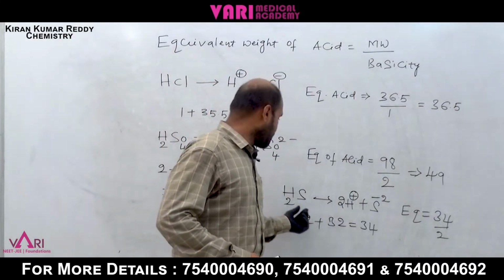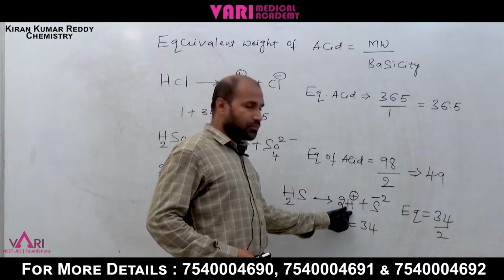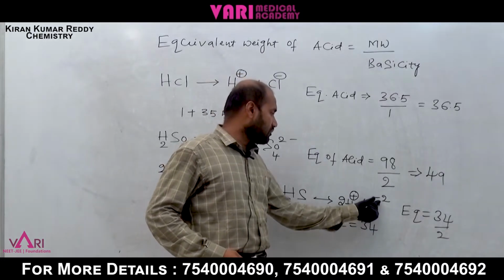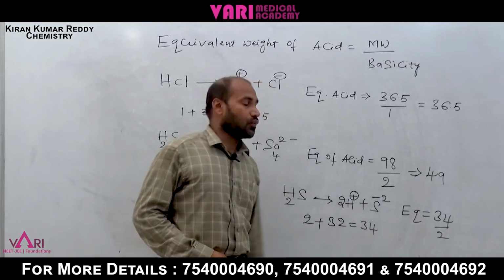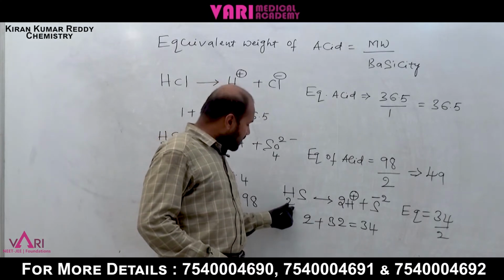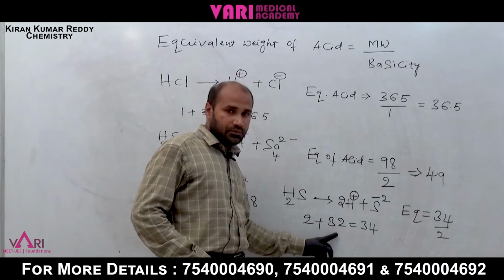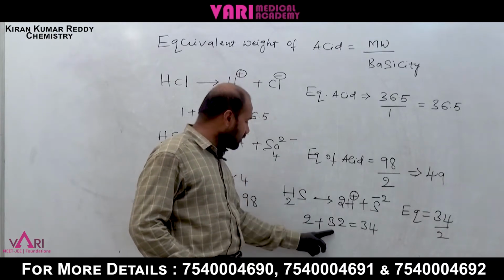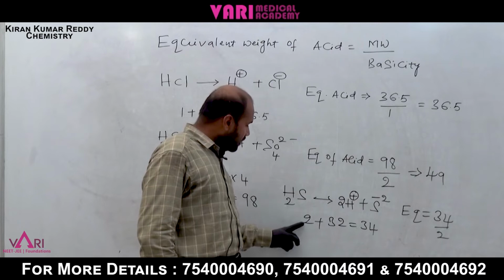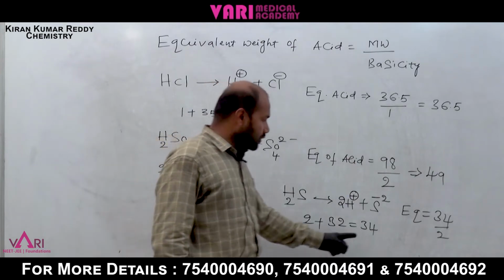Atomic mass of sulfur is 32, hydrogen is 1, 2 into 1 is 2, so 2 plus 32 is equal to 34.